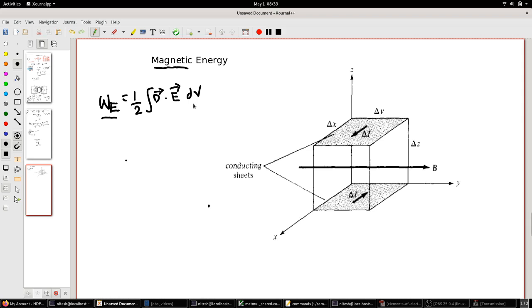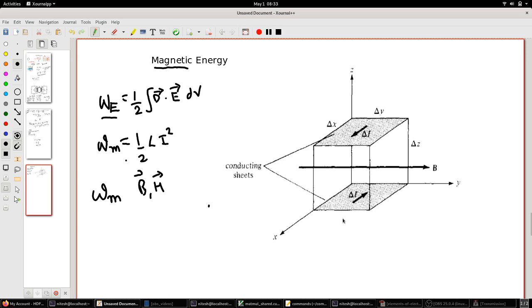We also have that the magnetic energy in an inductor is equal to half L i square. On these terms, we will find the expression for the magnetic energy in terms of B and H, like how we had it in terms of D and E.